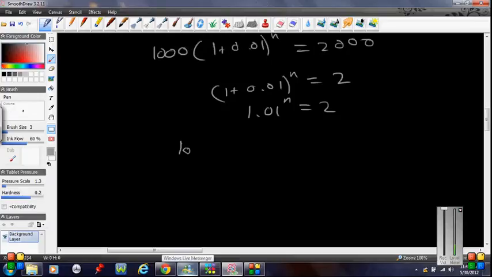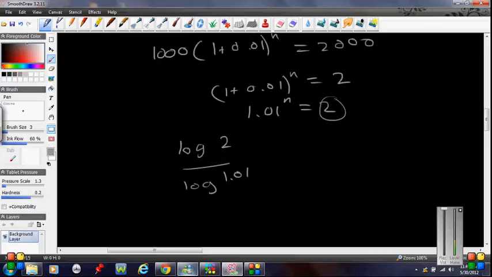So now you write log 2 over log 1.01, and essentially what this function does is find the value of n so that both sides match.